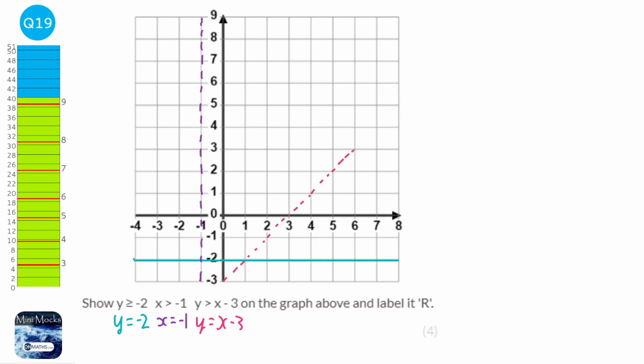It's going to be a dashed line like that. So if they have an equal to underneath, then it will be a solid line. If they don't have an equal to underneath, it will be a dashed line.